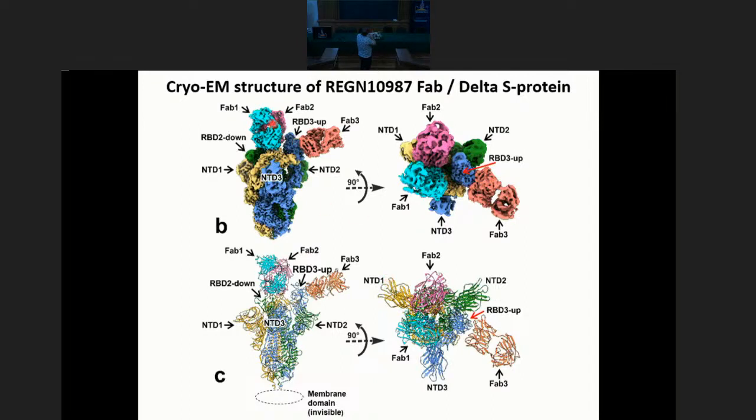Only one RBD in up conformation has the Fab attached to the side of this assembly, and two RBDs in down conformation have the Fab attached to the top of the assembly. There is a similar attachment site, but because the RBDs have different conformations and positions, the Fab fragment is attached from different sides of the whole assembly.